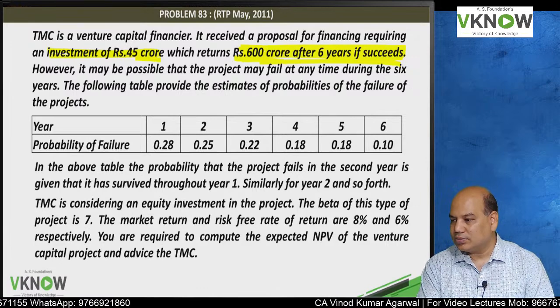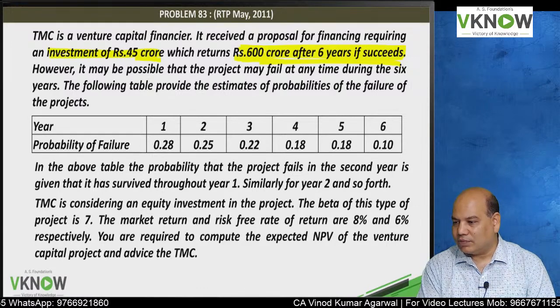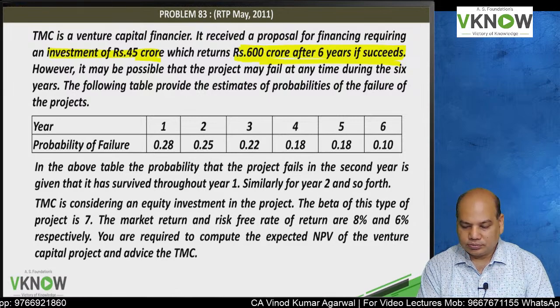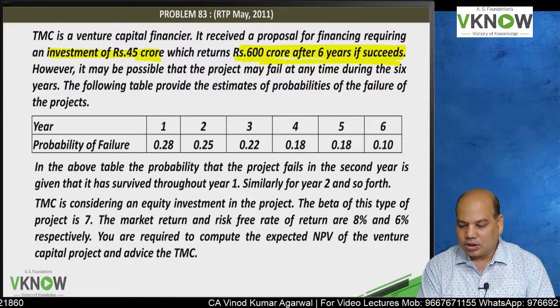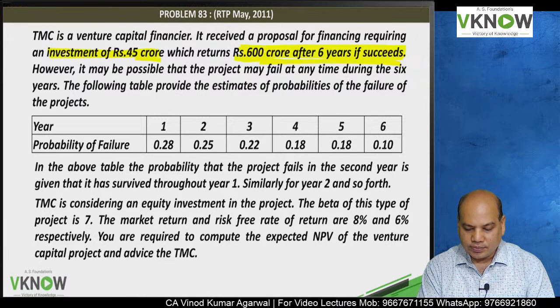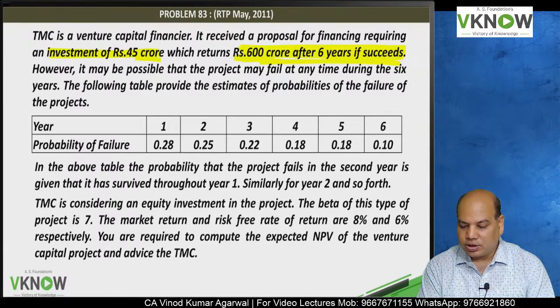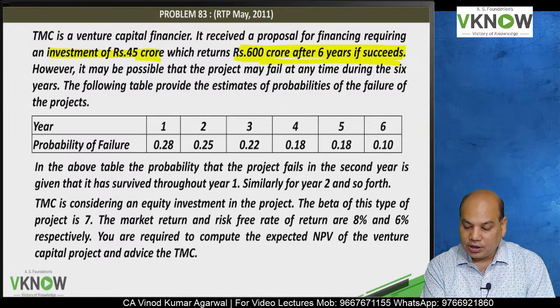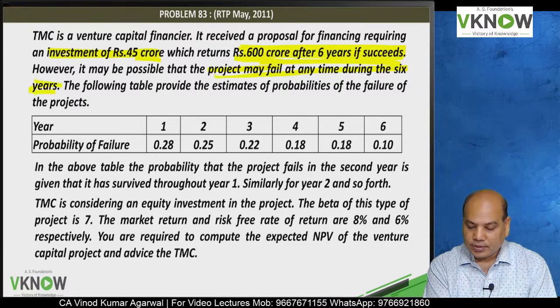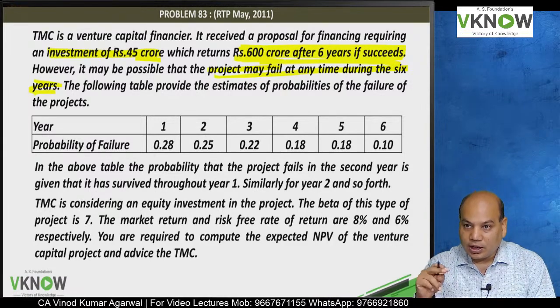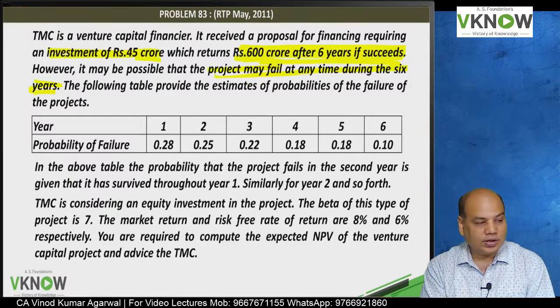They take a risk, they take a big bet, and if the decision is correct, they make a huge return. 45 crores becoming 600 crore after 6 years, you can imagine such a huge return. However, it may be possible that the project may fail at any time during the 6 years.